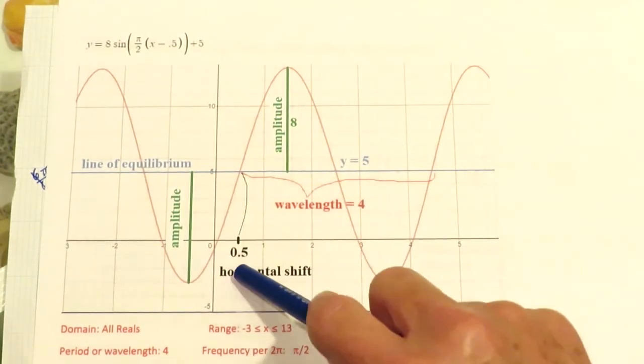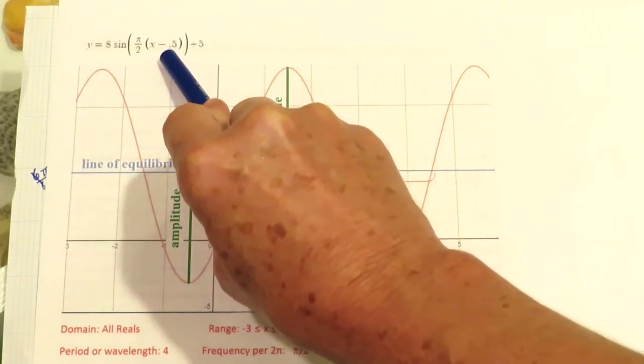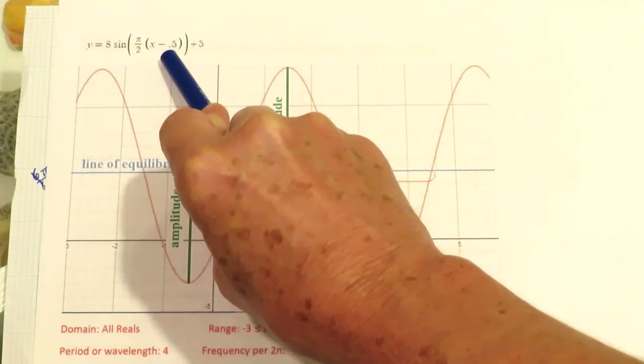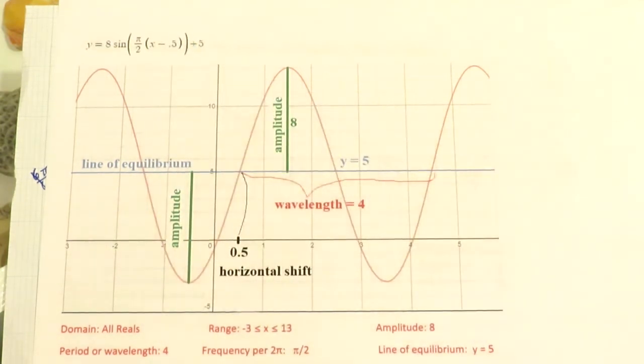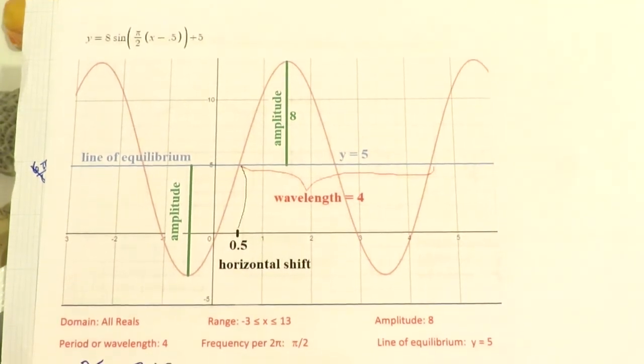And talking about the half, notice inside of the sine, being multiplied by the frequency of pi over 2, is x minus 0.5. That's your horizontal shift. Again, just like you learned in college algebra with shifting parabolas and other types of graphs. If you have x minus a value, that's telling you your horizontal shift.